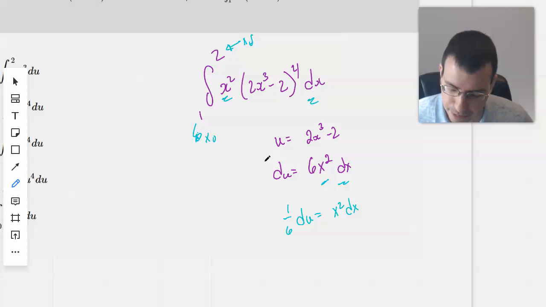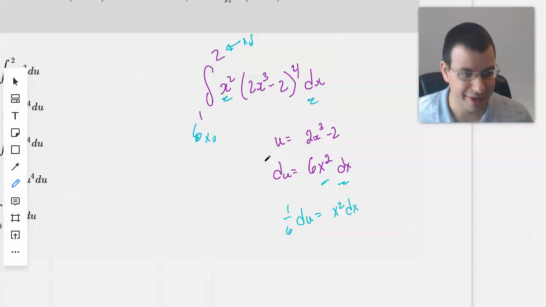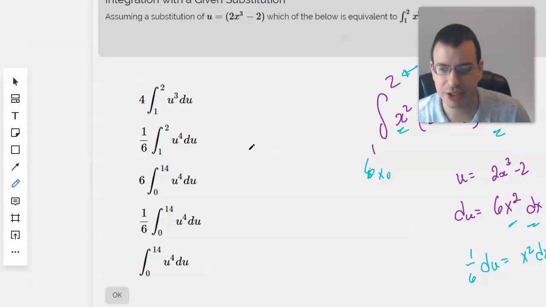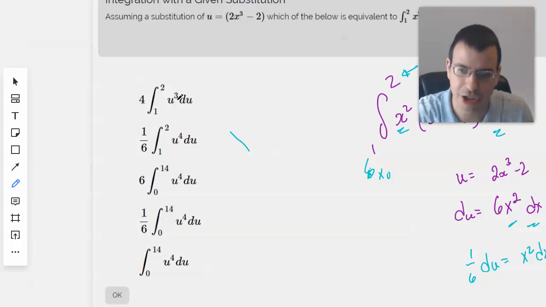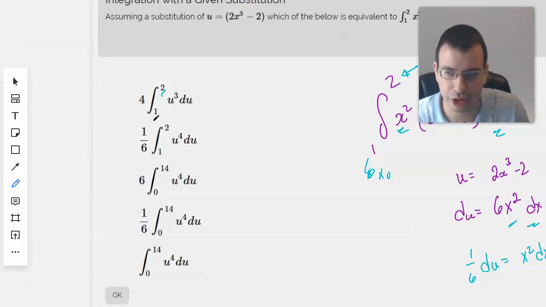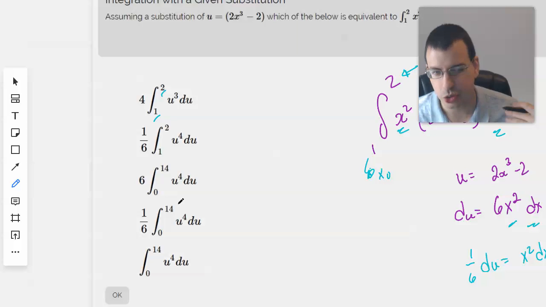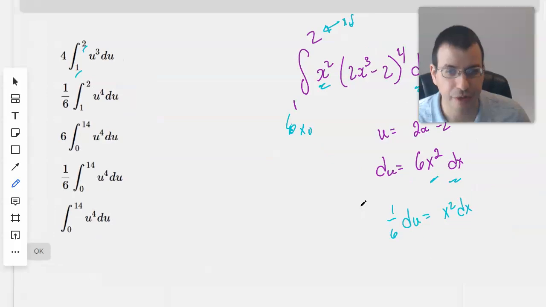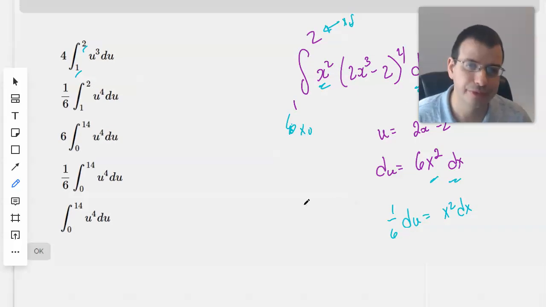If you're running short on time, you could look at this and reason that the limits of integration probably change, so it's not going to be 1 and 2. The only other choice is 0 to 14, so chances are that's the answer for the limits of integration.